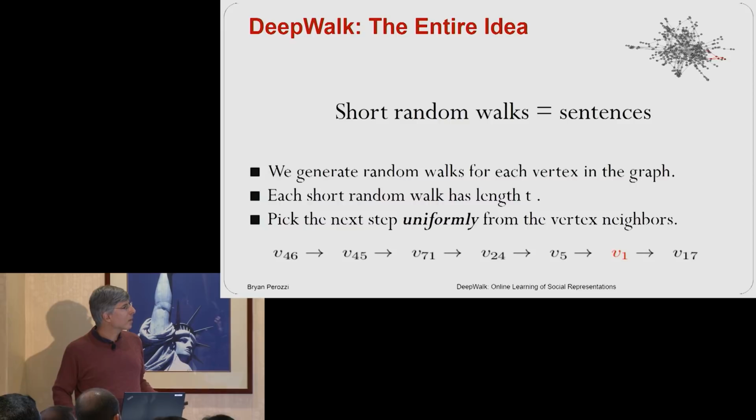We are going to take a graph and generate random walks from each vertex in the graph. We use these as training data. Our random walks are going to be short, so that they are analogous to sentences, maybe of length 20 or 40, it's a parameter. And being a random walk, we are just going to take the next step to our neighbors uniformly as the first try.